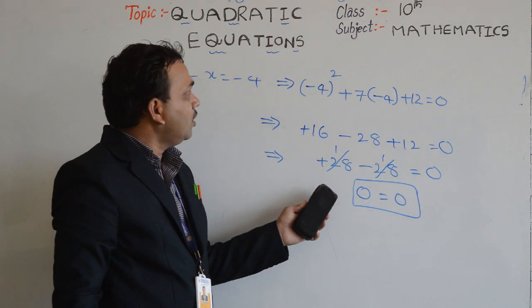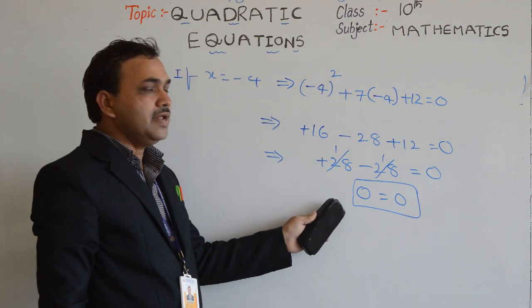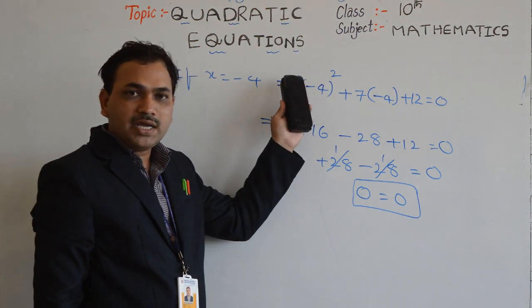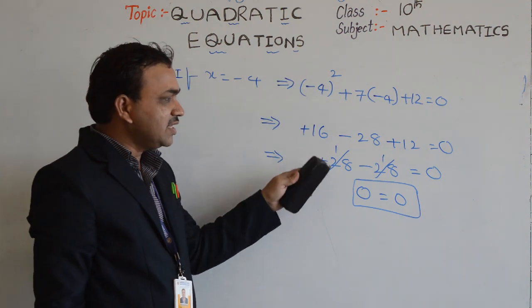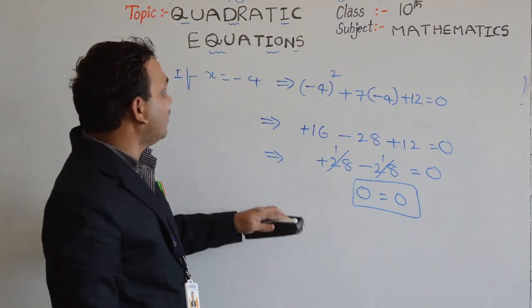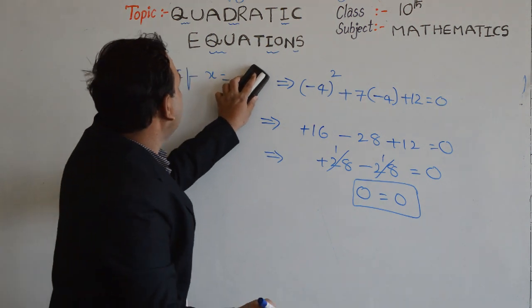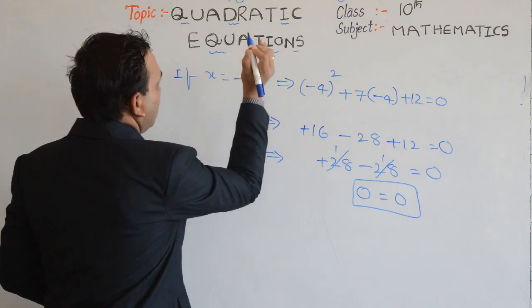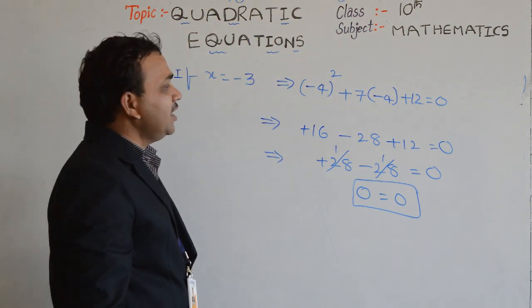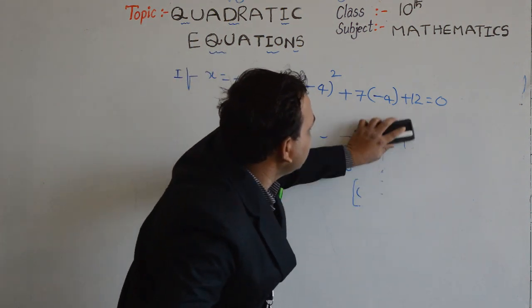So one root value is satisfied in the given quadratic equation. The same way we can do it for the second root also. What is the second root? x is equal to minus 3. So just replace x with minus 3.